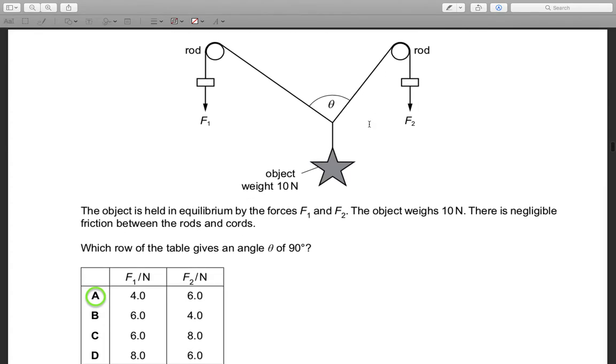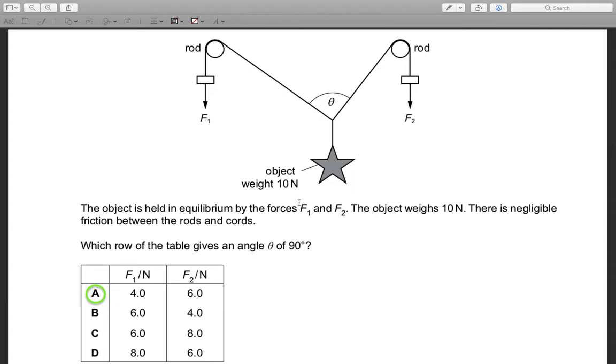Yes. Regarding the object weight, this is the resultant force, 10. If we know the resultant force is 10, it becomes 8 and 6 Newton. So the answer is around 8 and 6 Newton.